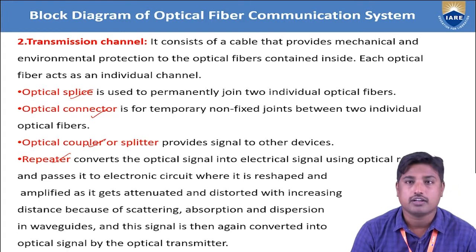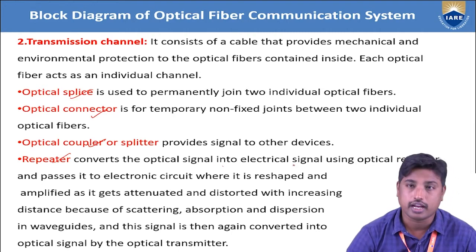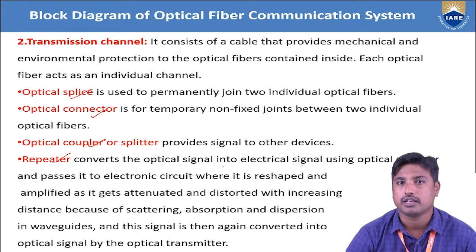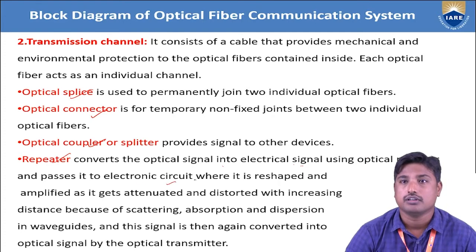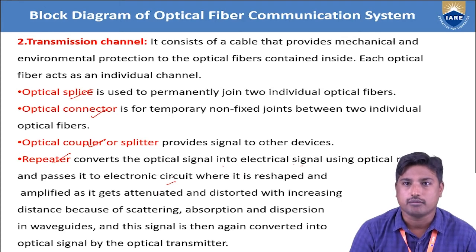Repeaters. What is the function of repeaters here? Repeaters amplify the signals. They convert the optical signals into electrical signals using an optical receiver and pass them to an electronic circuit, where they are reshaped and amplified if the signals are destroyed because of scattering, absorption and dispersion in the waveguides.